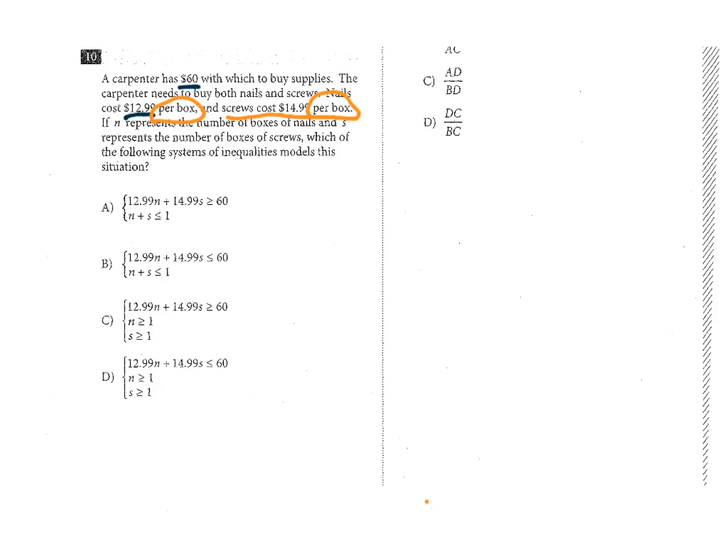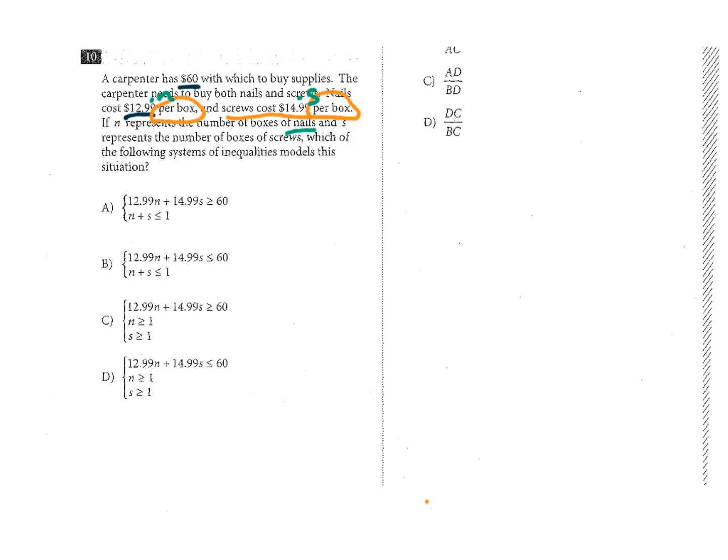N represents the number of boxes of nails. That means this one you have to multiply by N. And S stands for the number of boxes of screws. So this one you multiply by S. Which of the following system of inequalities models this situation?